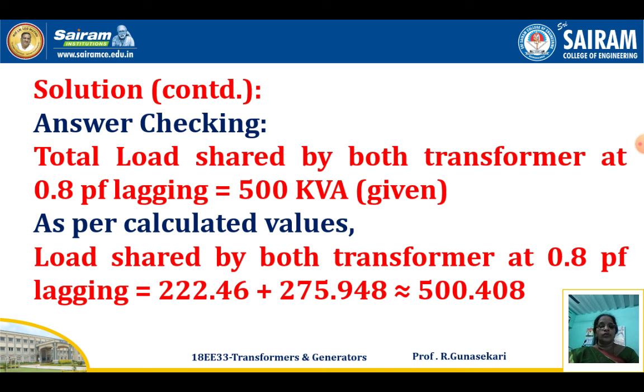Our calculated value is 500.408, but the actual value given in the problem is 500 kVA. We can compare these two, plus or minus 5% is allowable only. So the values we calculated for the kVA rating of transformers 1 and 2 are correct. This is the way for checking whether our answer is correct or not.